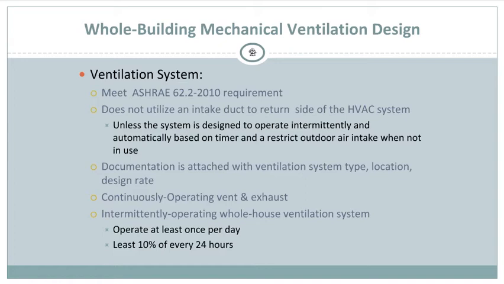And is it going to be a continuous operating vent and exhaust system, or a system that works at least once per day, or a system that runs 10% every 24 hours? Depending on the tightness of the house, the equipment, and that need for fresh air, that is going to determine the type and size of the equipment you're going to be putting in for continuous ventilation.